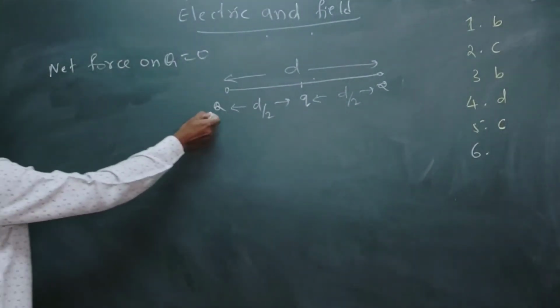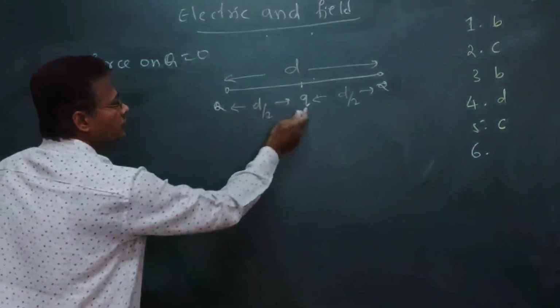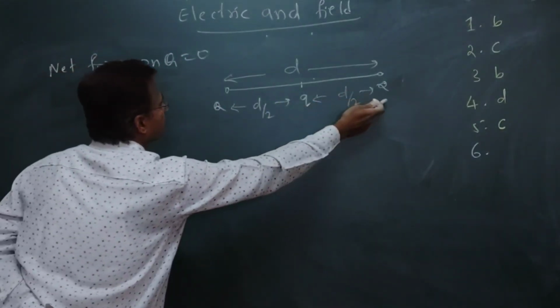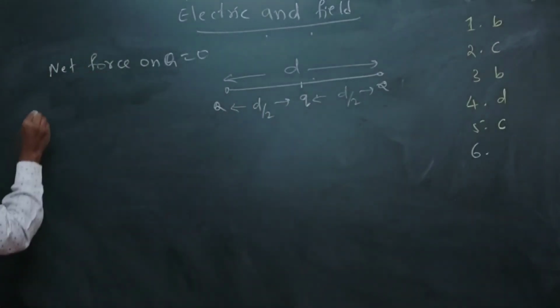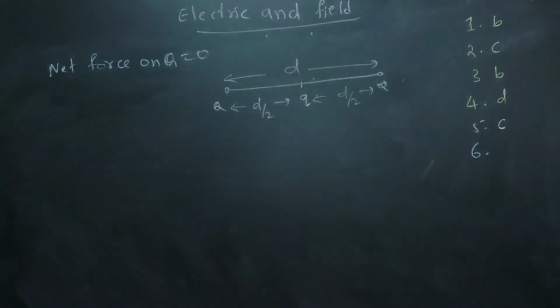One force is from this Q to small q, and another force is from the other Q to small q. The net force is equal to 0.